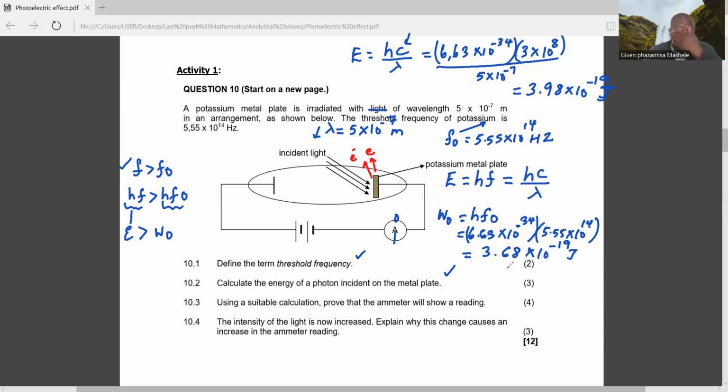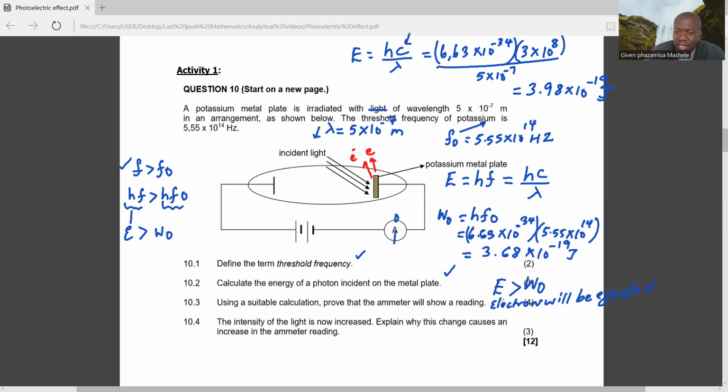Obviously, since the energy of the photon is bigger than the work function, electrons will be ejected, with a maximum kinetic energy.